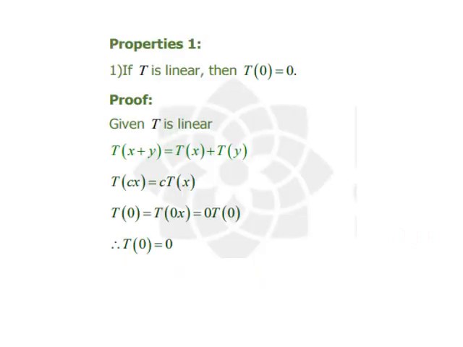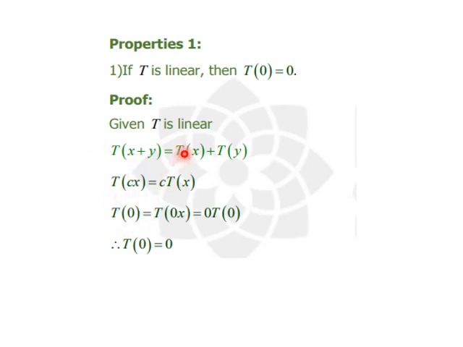Now we discuss some simple properties of linear transformation. Whenever T is linear, when you apply it on 0, what you are going to get back is only 0. So T(0) = 0. Now T is a linear transformation, therefore we know that T(x + y) is Tx + Ty and T(cx) = c into Tx. We use the definition.